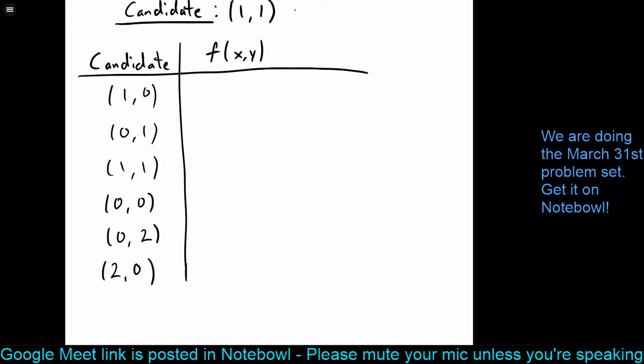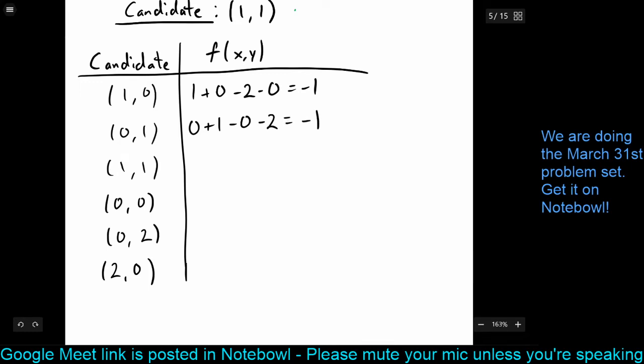All right. So here, when we plug this in, we're going to get 1 plus 0 minus 2 minus 0. This is negative 1. If we plug this in, we get 0 plus 1 minus 0 minus 2, which is also negative 1. All right, plug in 1, 1. We're going to have 1 plus 1 minus 2 minus 2. Let me remind you what f is here.